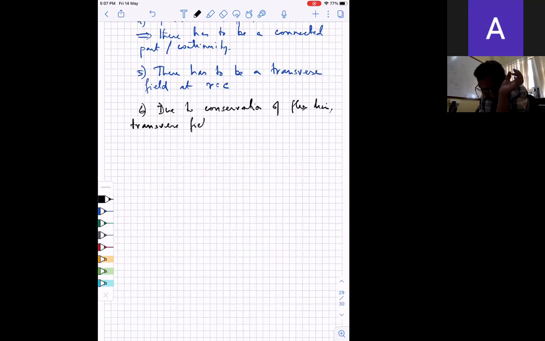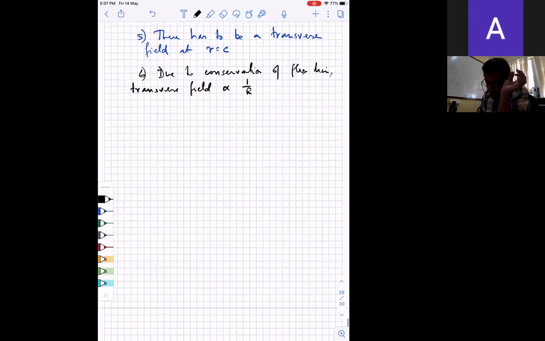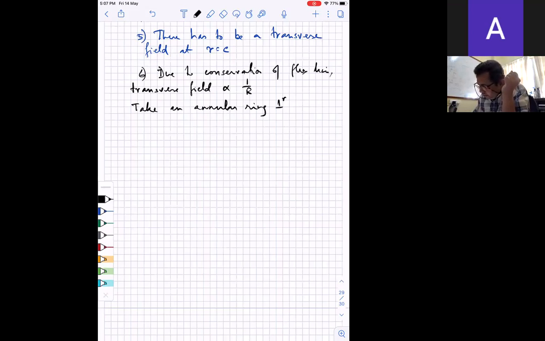Transverse field. Argue like this: you take an annular ring which is perpendicular to the line of travel, containing all the flux lines.